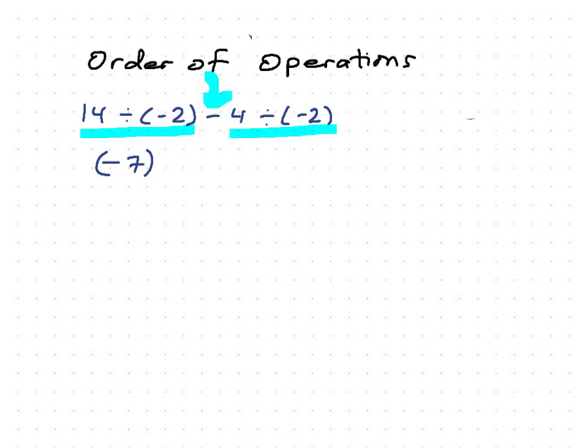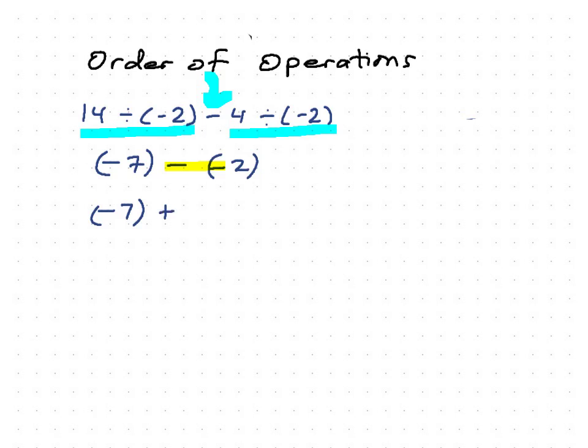The second half, 4 divided by negative 2. You can keep the sign, and do positive 4 divided by a negative 2 and get a negative 2. Then you're going to have to deal with this negative situation one of two ways. You can change it to an addition and do this.